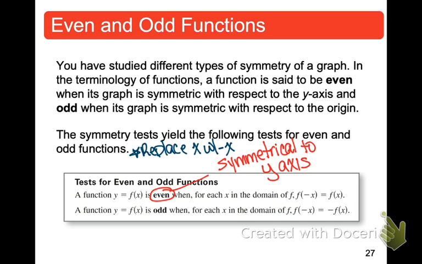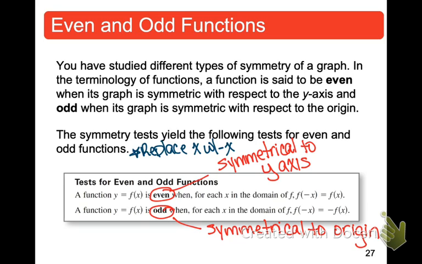For something to be an odd function, it is symmetrical to the origin.